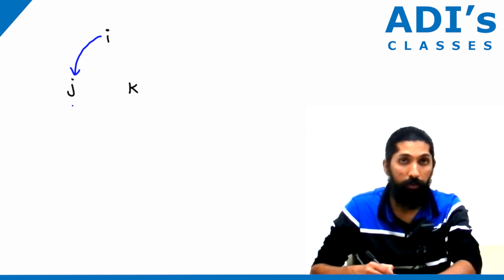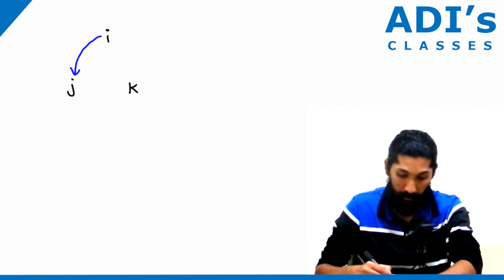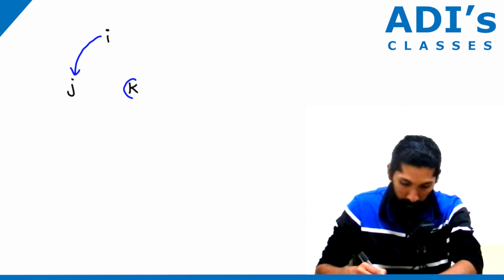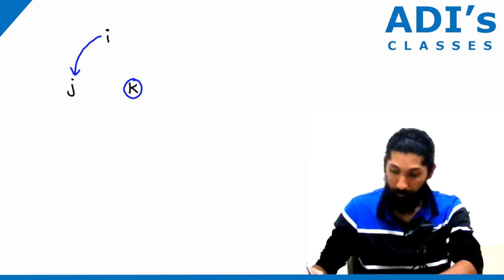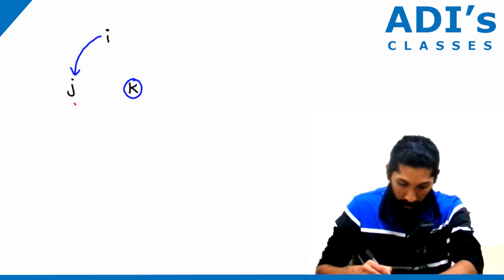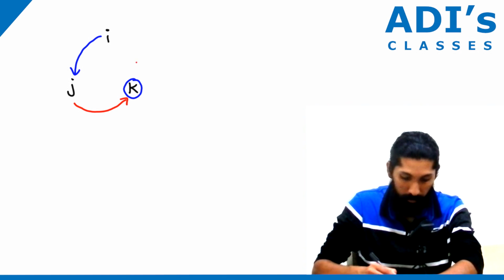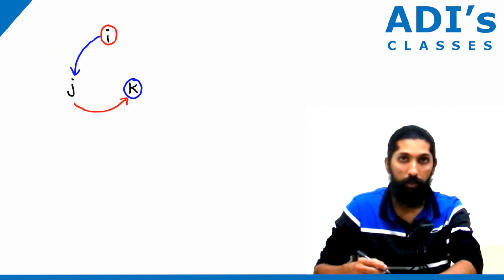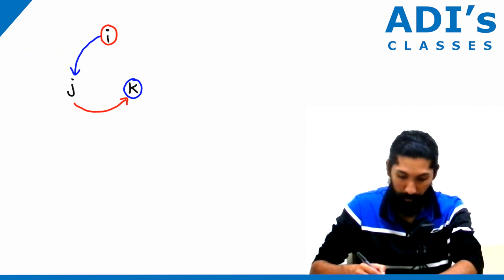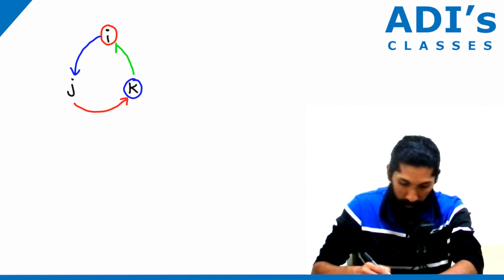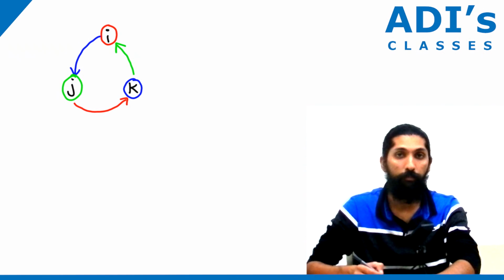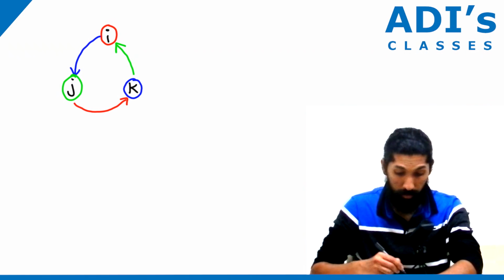When you do I cross J, what does it give you? K. Next, so I cross J will give you K. The next one, when you do J cross K, this gives you I, correct? And then suppose if you do K cross I, that gives you J. Clear? So this is the case.